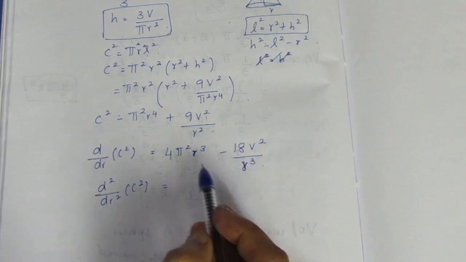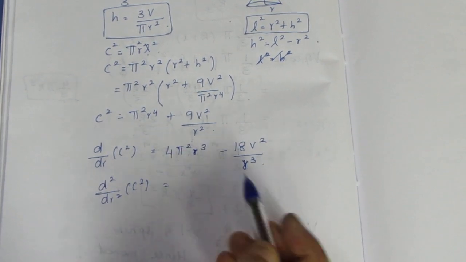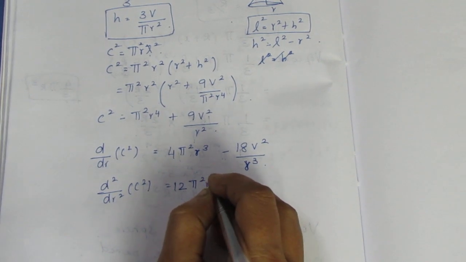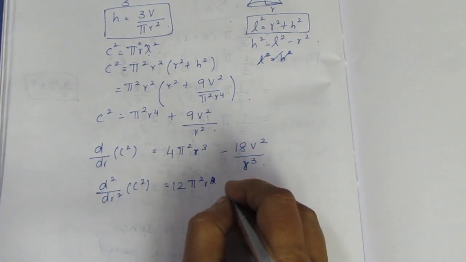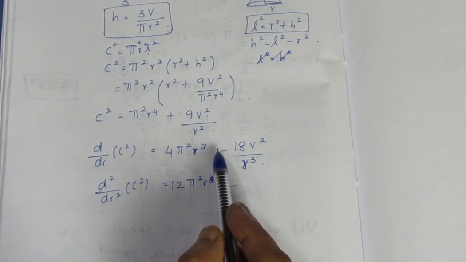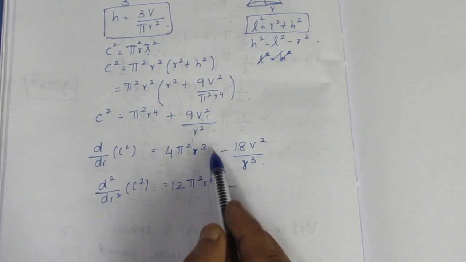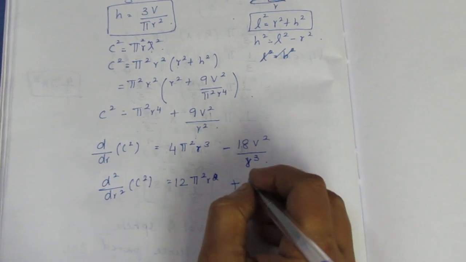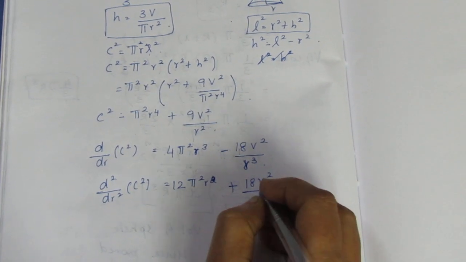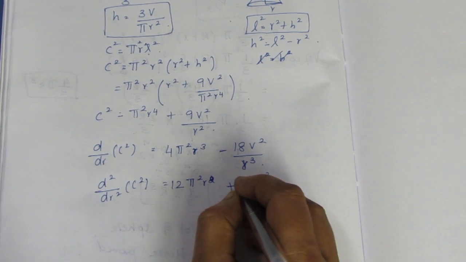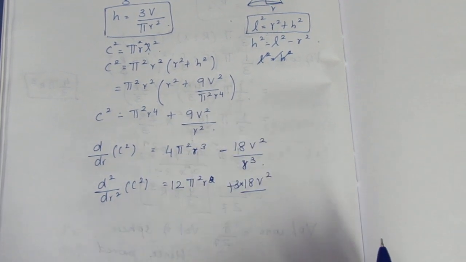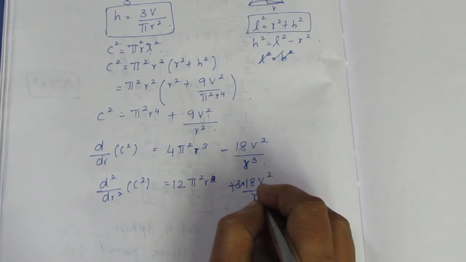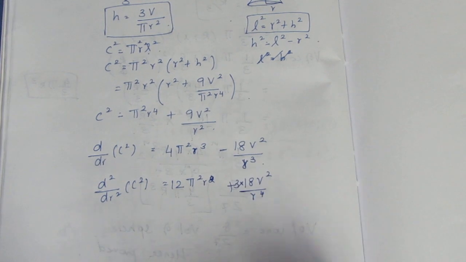If I do second differentiation, here the power will come in the front and the power will be reduced by 1. So 3 fours are 12π²r⁴ squared, minus, as I told before, there is a variable in the denominator, which means the sign will change. If it's positive, it becomes negative; negative means positive. 18V², and the power will be increased by 1.